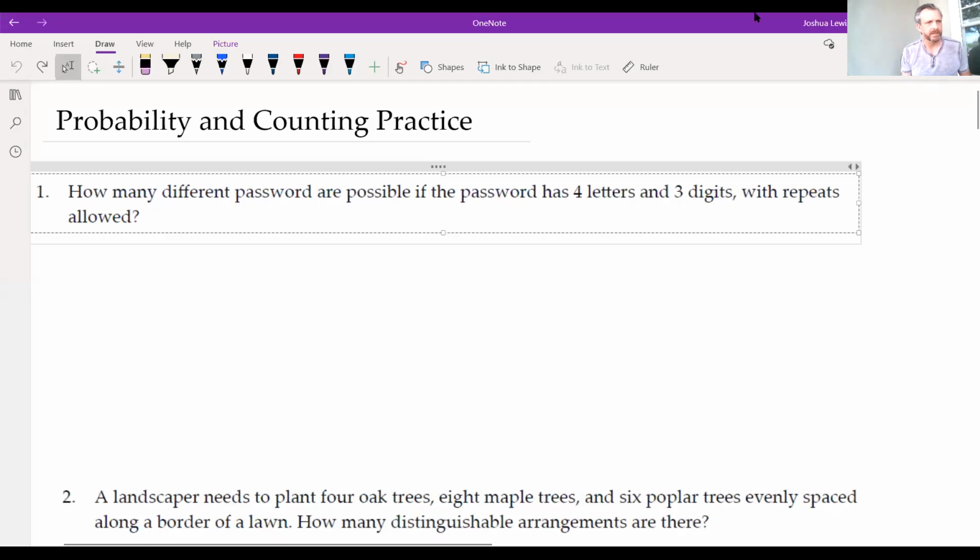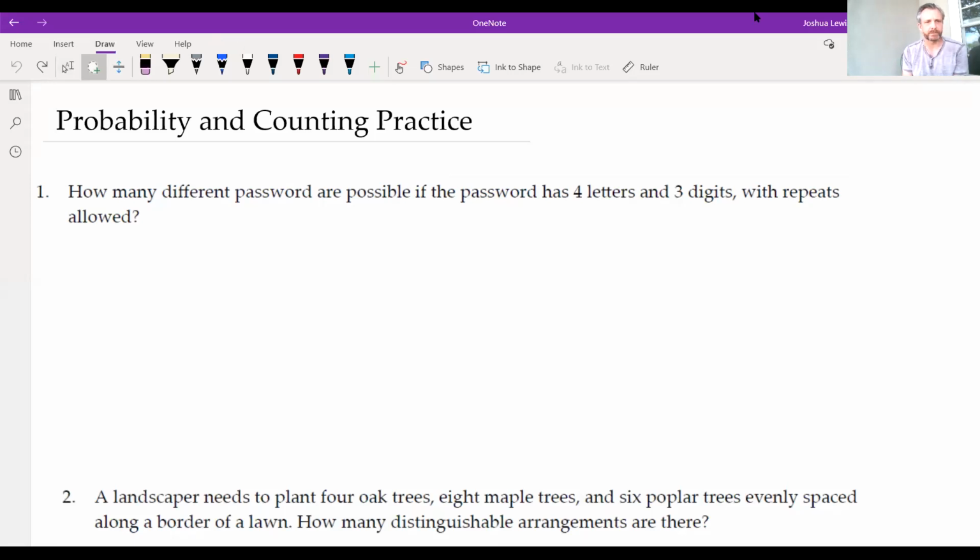How many different passwords are possible if the password has 4 letters and 3 digits? So 4 letters, 3 digits, repeats are allowed, okay? If you think about what the password would look like, this is the fundamental counting principle, right?